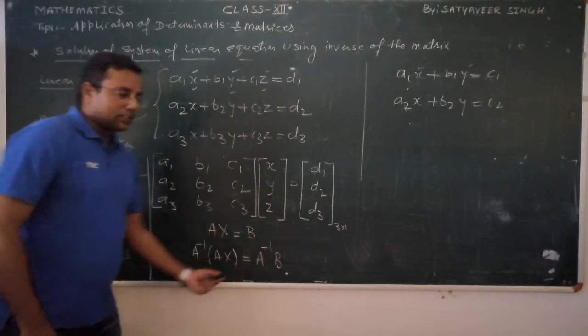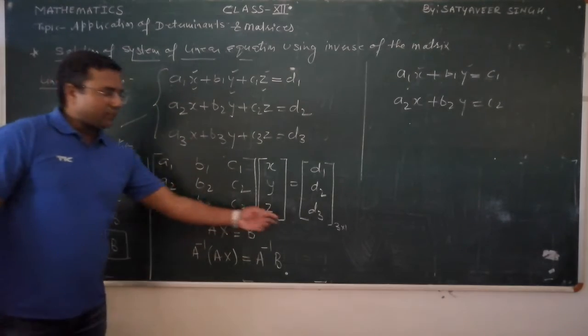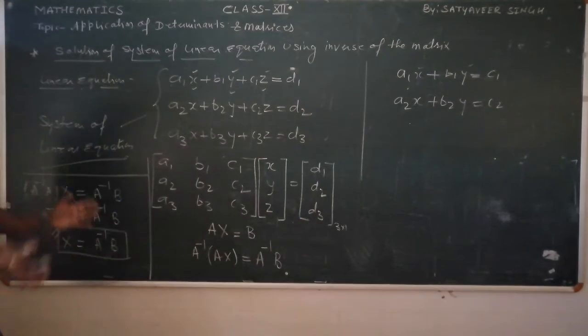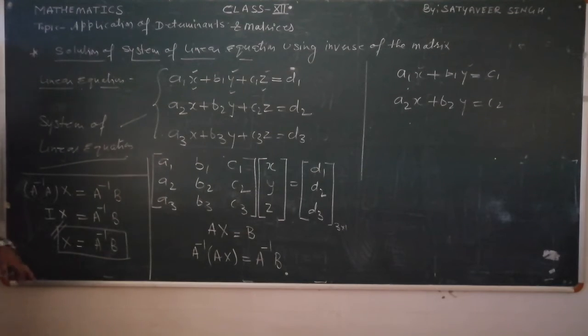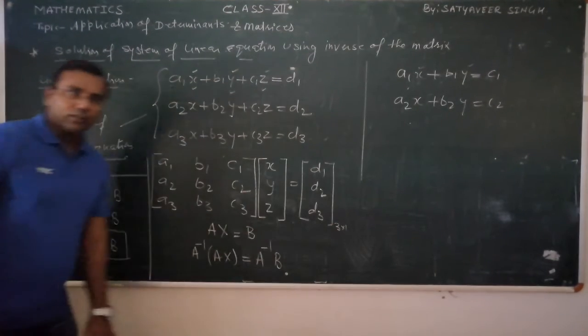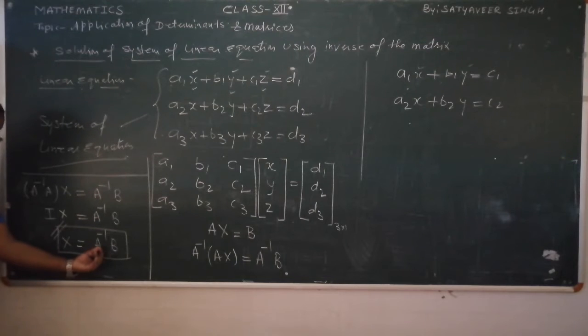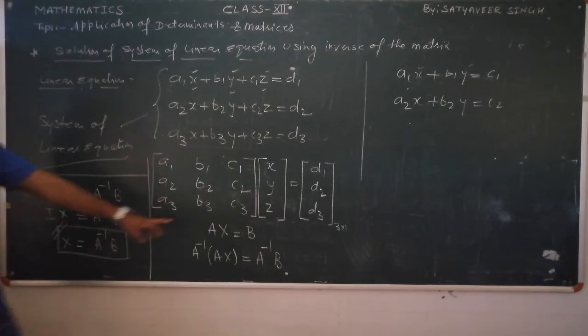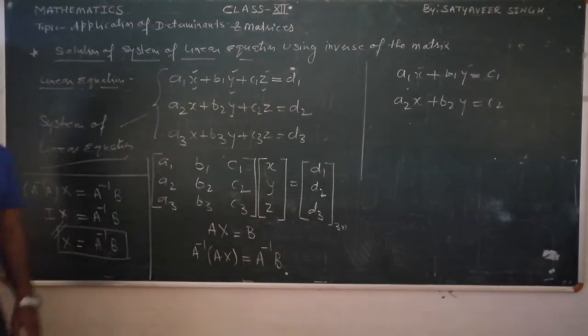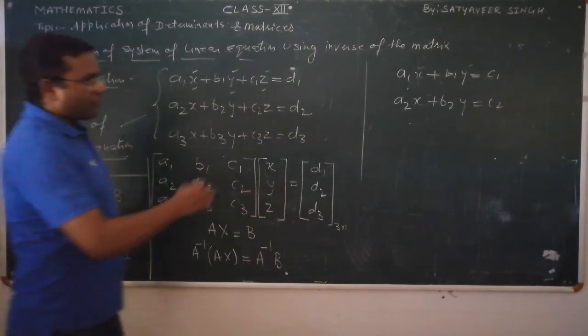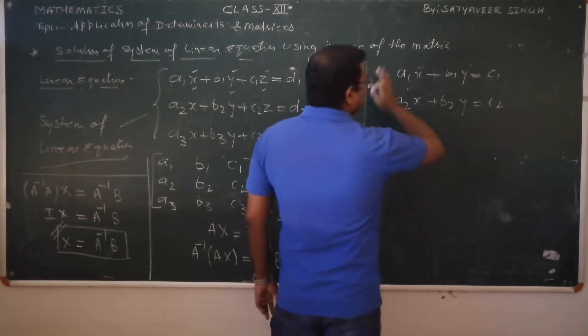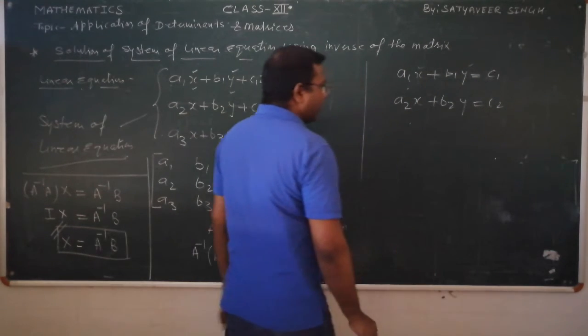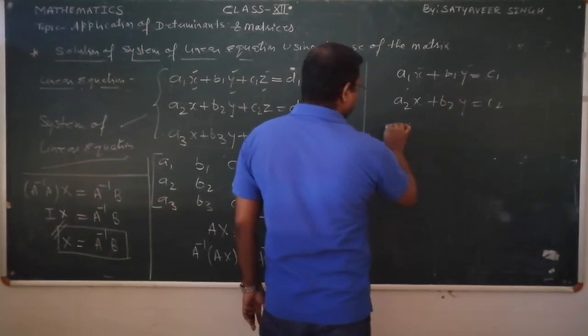The product is possible because the number of columns of the first is equal to the number of rows of the second, and the resultant is a matrix of order 3 by 1. Once you find this product, you can easily compare both sides and say the values of x, y, z. Similarly, in the case of a system of linear equations in two variables, we can also solve.